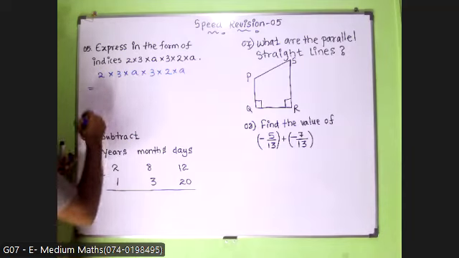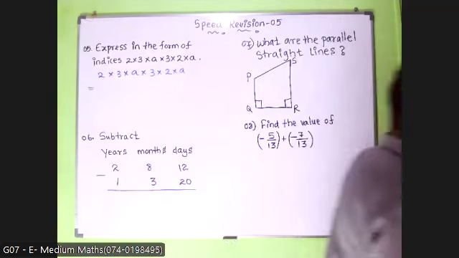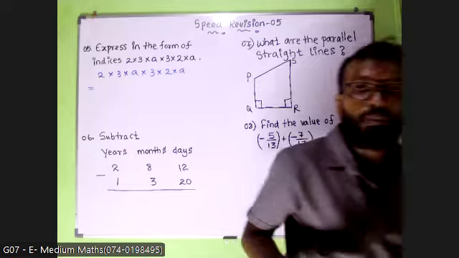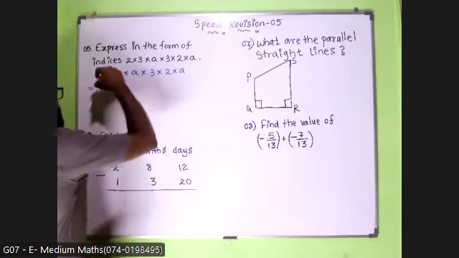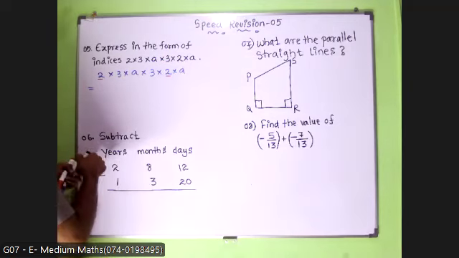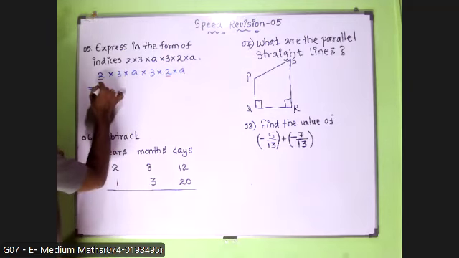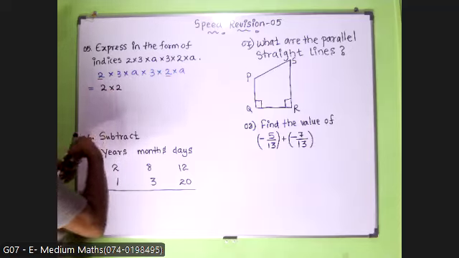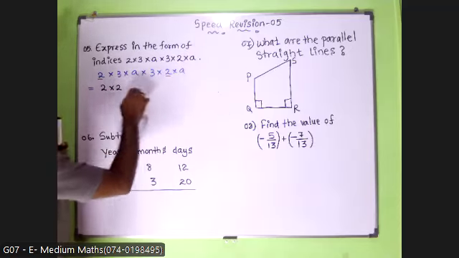So you need to identify first what are the common terms, I mean like terms. Here you have two, here you have two, the same base. So I will take them at the same place. 2 times 2.